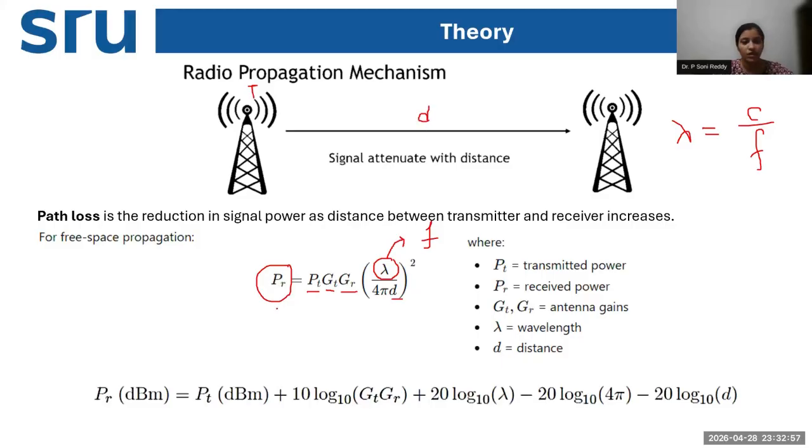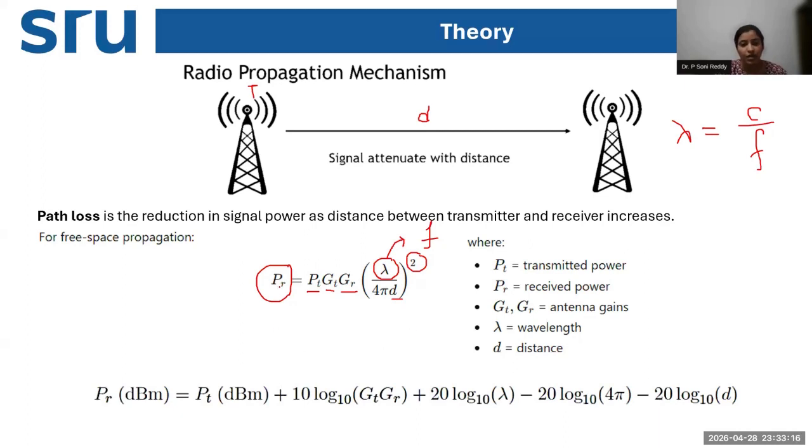Okay. Now this received signal is dependent upon these parameters: the frequency or the wavelength of the transmitted signal and the distance between the transmitter and the receiver. And it is also proportional to the square of this parameter.